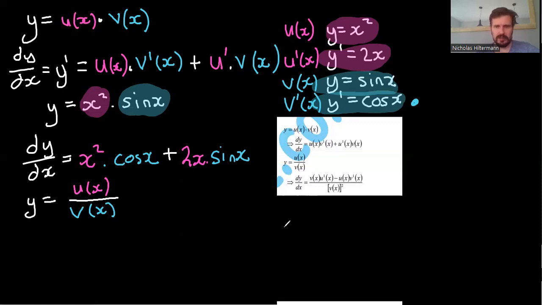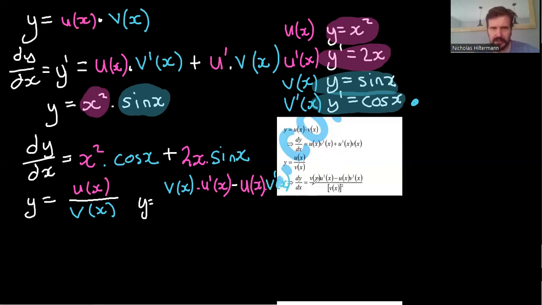And so we just plug in the formula, right? So it'll be y dash equals, so our v(x), the thing in blue, the thing at the bottom, times the derivative of the top thing, as we're saying u dash, minus the u(x), so the top unchanged, multiplied by the derivative of the bottom, v dash x.